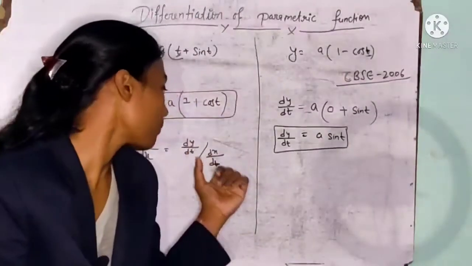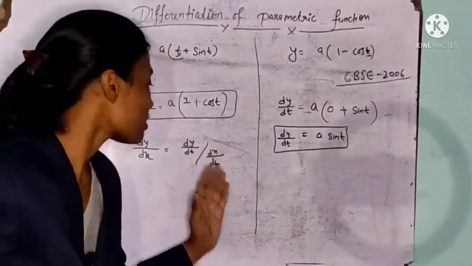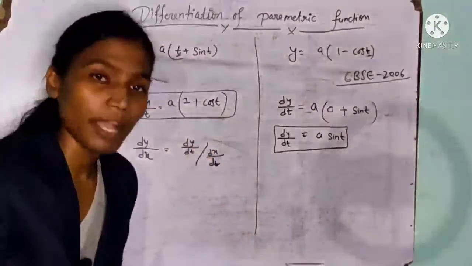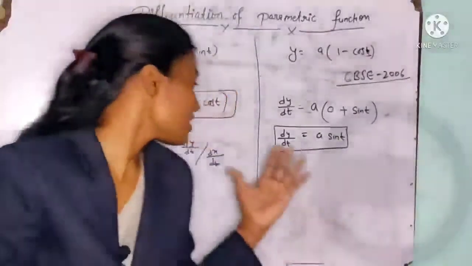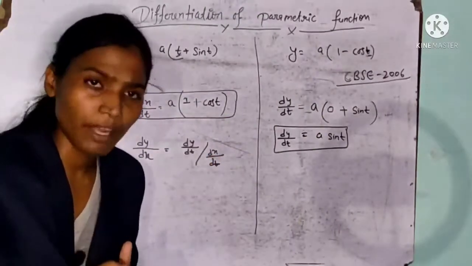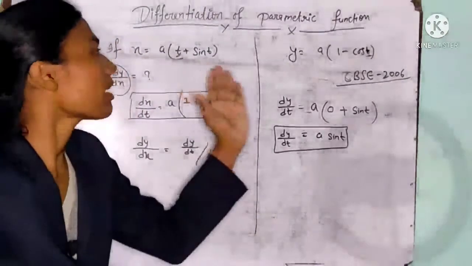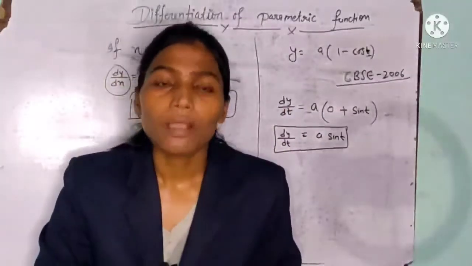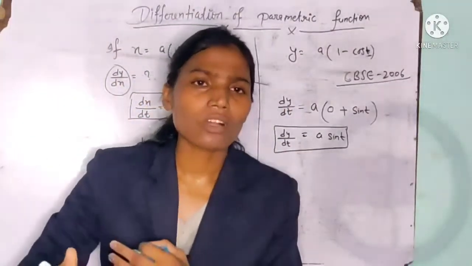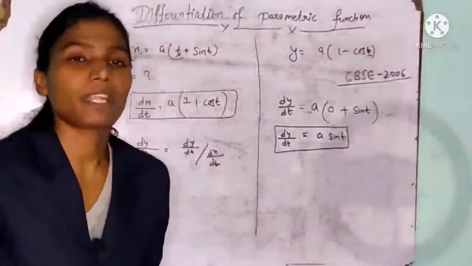If we substitute like this, then dt by dt gets cancelled and we finally get dy by dx. You may have a question in mind, why we put this type of function. If we directly differentiate here, that's also fine, but it becomes a long way to differentiate. In this way we can easily differentiate a parametric function.